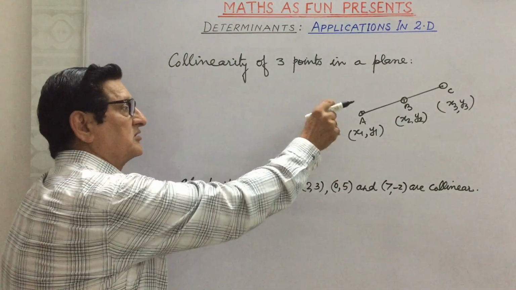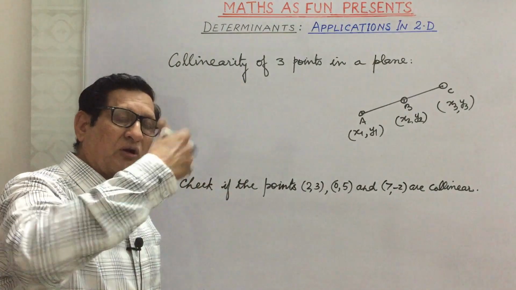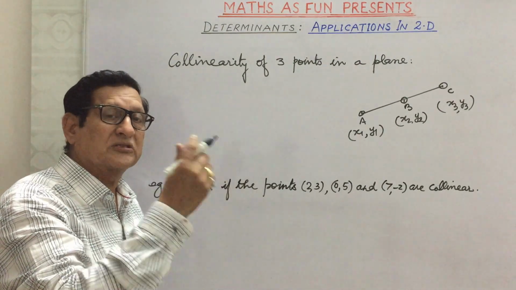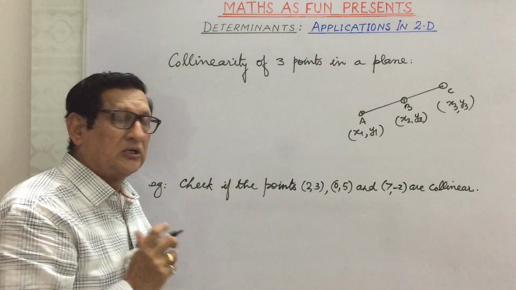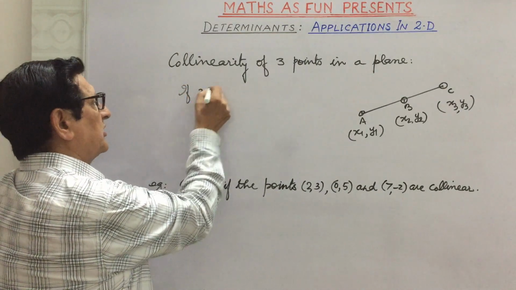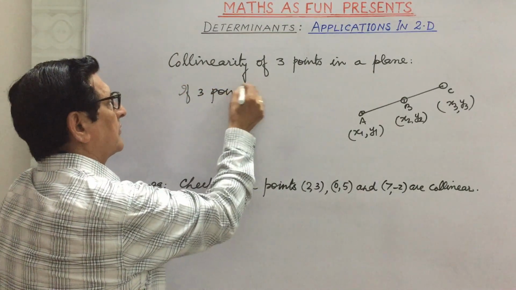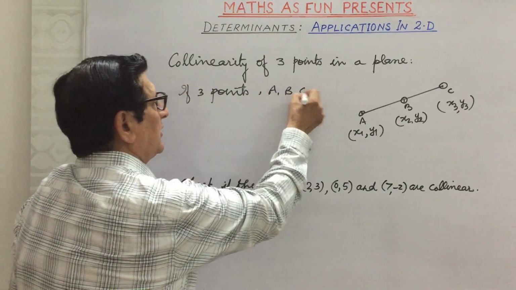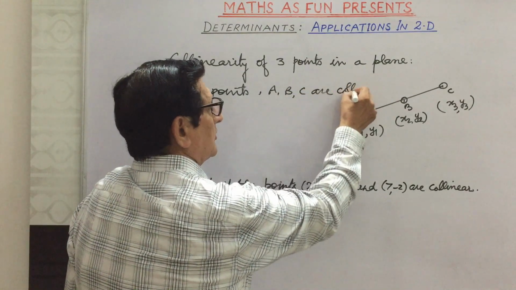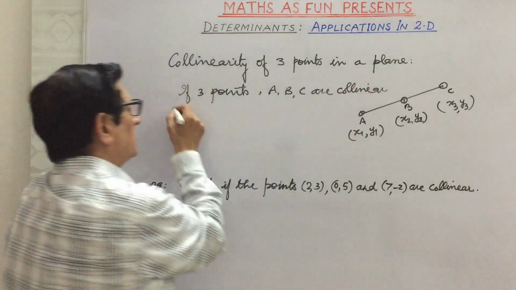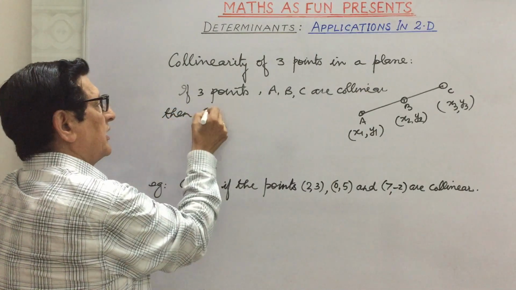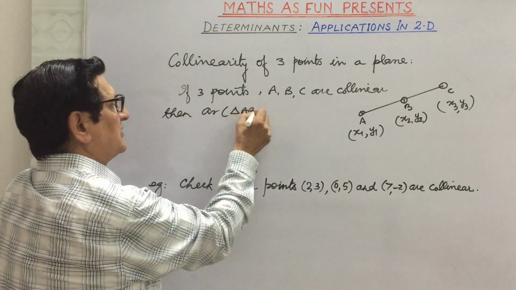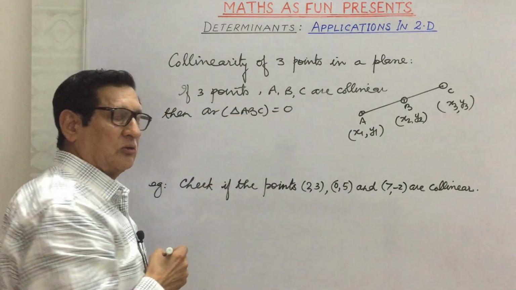The same condition we apply here. This we have already discussed in 2-dimensional coordinate geometry also. So we say if 3 points A, B, C are collinear, then the area of triangle ABC is equal to 0.